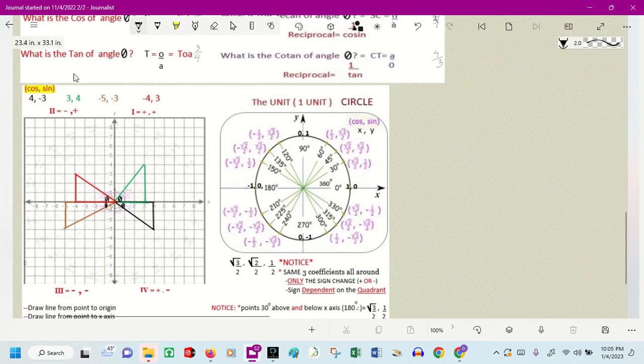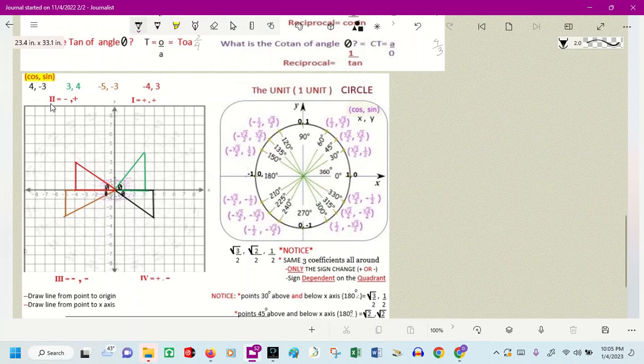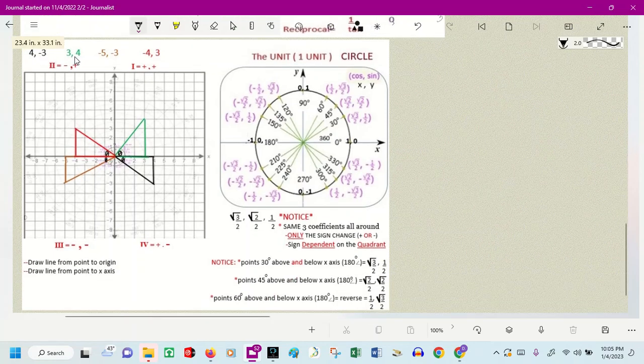One thing we know is when you're given a point, your x is your cosine and your y is your sine.